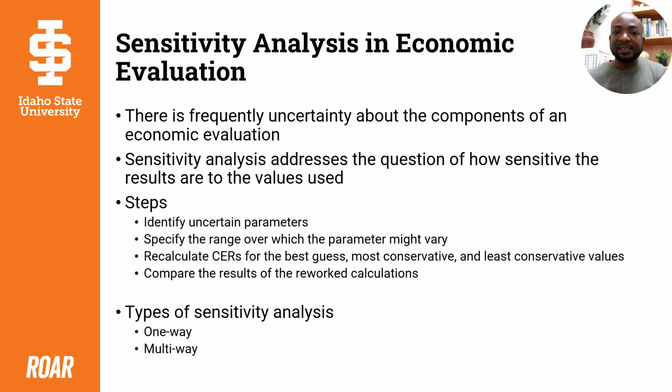So are we really certain about all of the components of an economic evaluation? Common contributors to our uncertainty include the effectiveness of the intervention, the quantities of resources used, the prices we should assign to resources, or the time that patients must take off work.